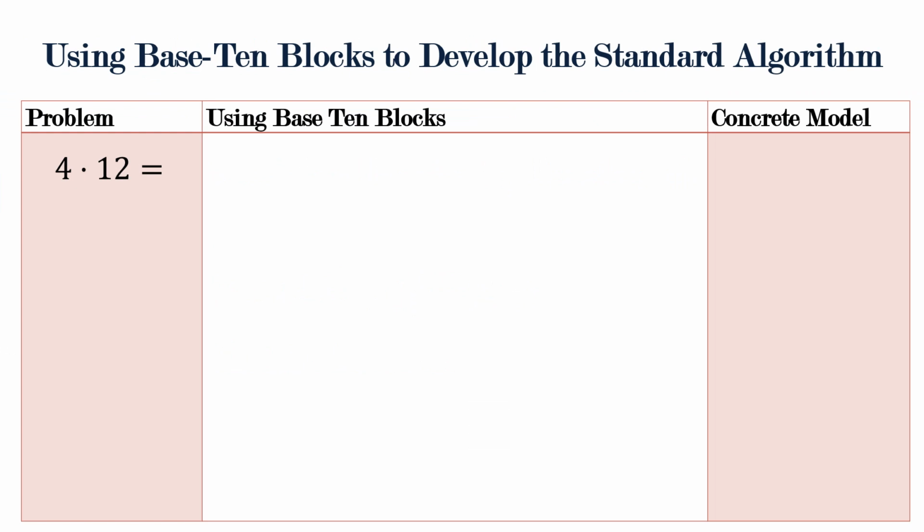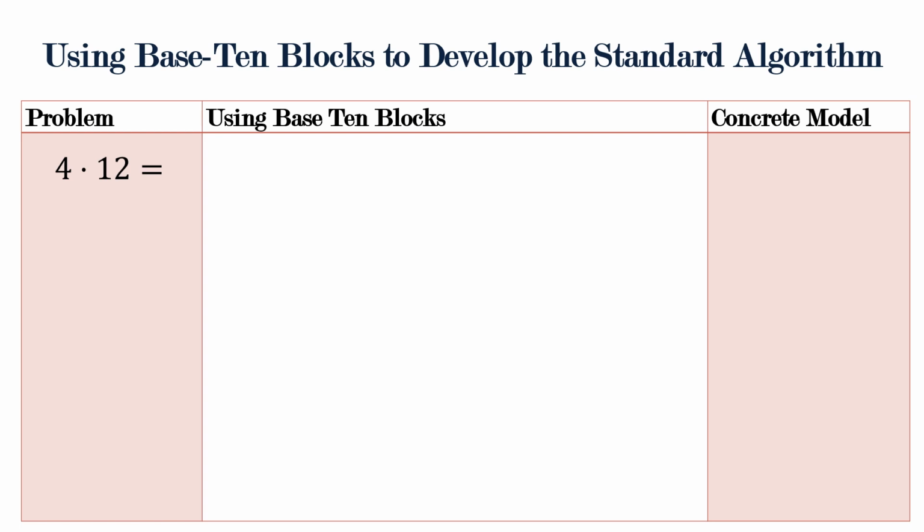So let's talk about using base 10 blocks to develop our standard multiplication algorithm. We're going to work with the problem 4 times 12. If you were using base 10 blocks to demonstrate multiplication here, you might think of this as adding up 4 groups of 12.